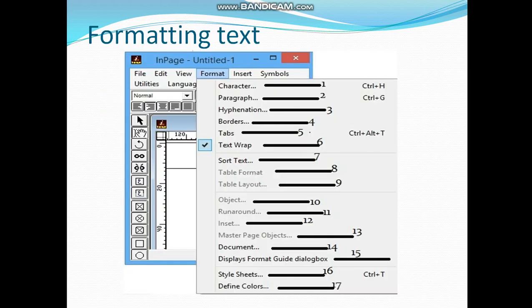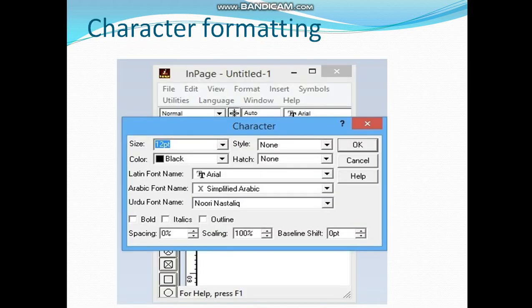Formatting text. You have various options like formatting a character, formatting a paragraph, and many other options. You can apply borders to your text. There are many other options, but we will explore a few. For example, you want to apply character level formatting.